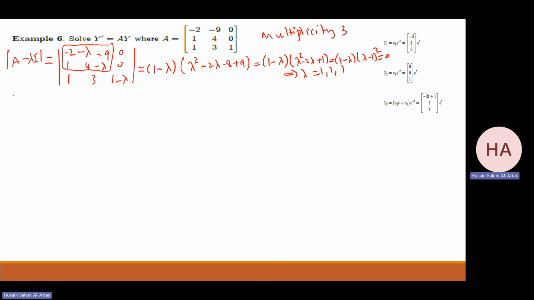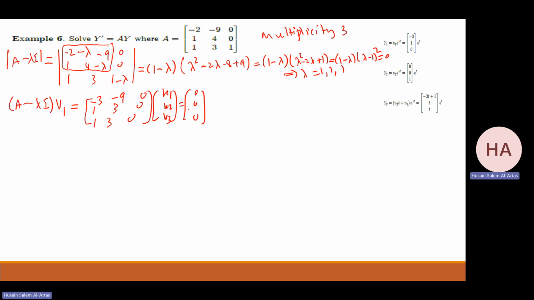Find the eigenvectors. I find A minus lambda I times V1, the eigenvector, okay? What you have? Minus 2 minus 1, that will be minus 3, minus 9, 0, 1, 3, 0, 1, 3, 0 times K1, K2, K3 equals 0, 0, 0.